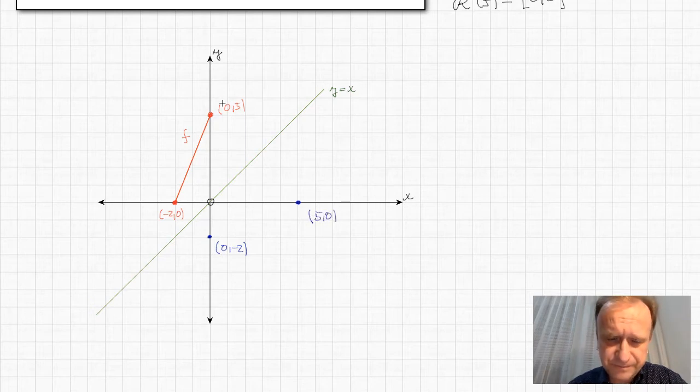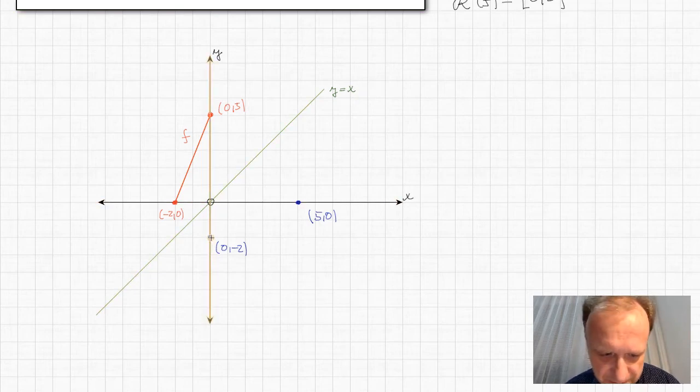And therefore this is true also for all those points lying in between, and therefore the graph of the inverse of this function should appear in between these 2 points.